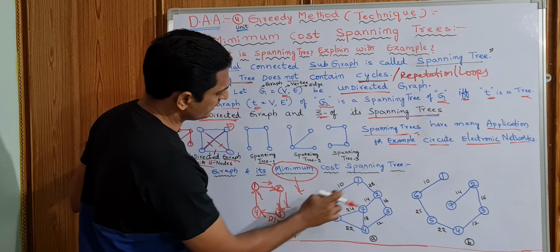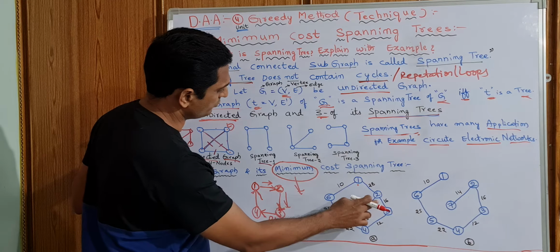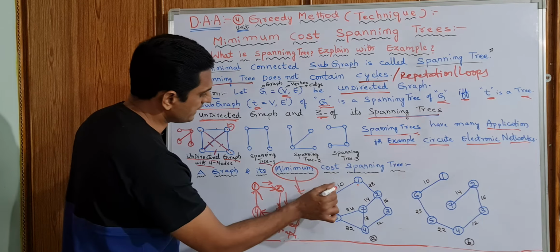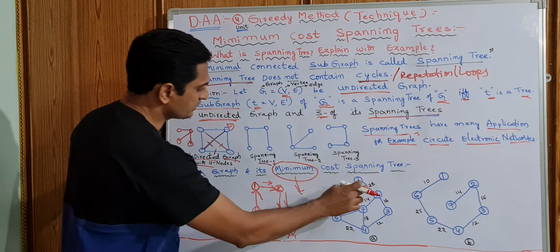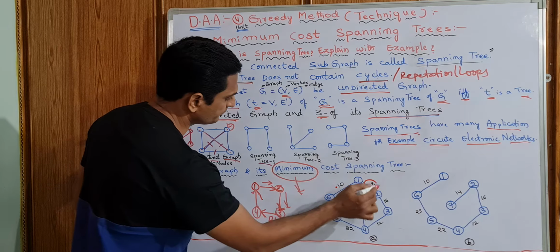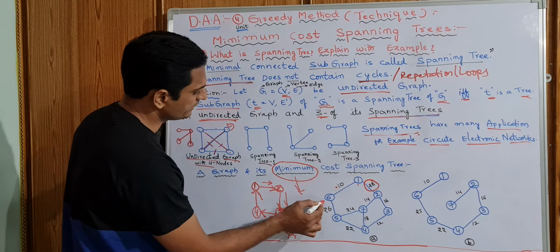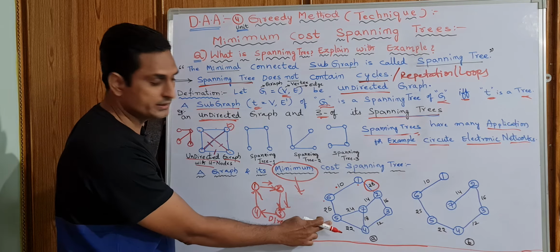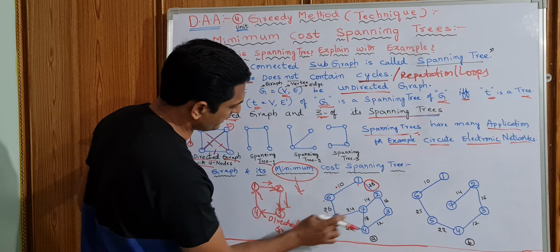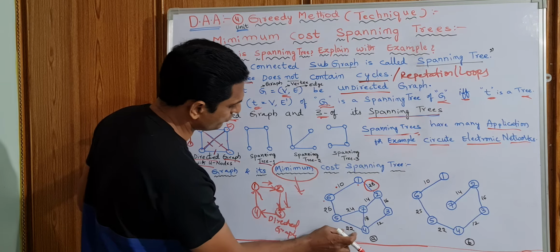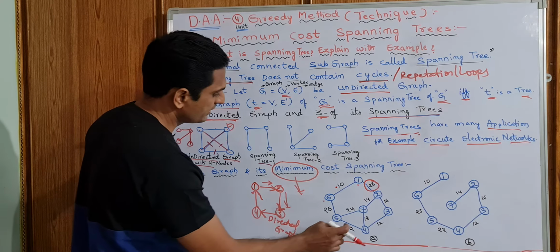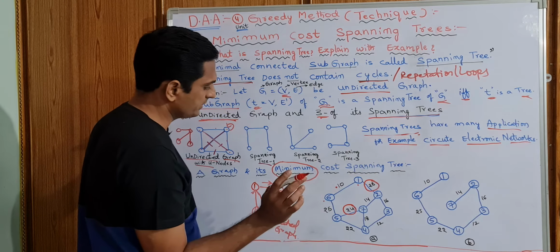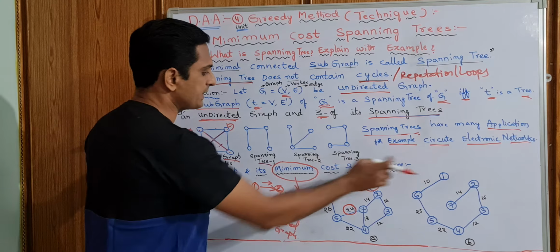From 1 you can go to 6 or to 2, because this is an undirected graph. But 10 is smaller than 28, so remove this 1 to 6 alternative. From 6 there is no other way, so we go to 5. From 5 we have two directions, 22 and 24. 24 is bigger, so remove it, because we are drawing a minimum cost spanning tree.